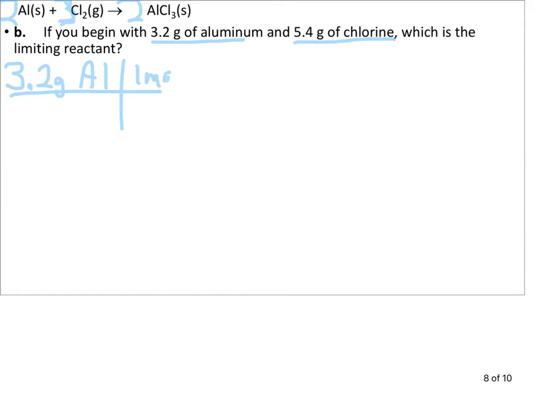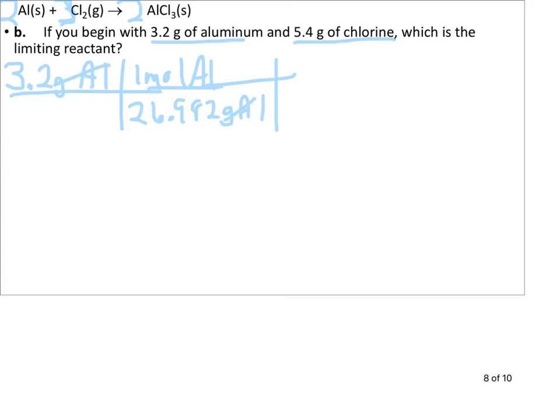1 mole of Al, got to change it to grams, or change it to moles. 1 mole of Al is 26.982 grams of aluminum. Grams, divide out grams.